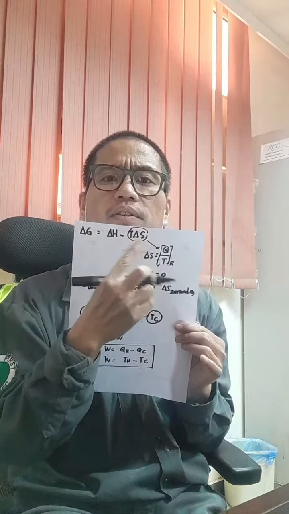So we have the Gibbs free energy. If it is negative, this is spontaneous. If the Gibbs free energy is negative, this is a spontaneous reaction. And if the Gibbs free energy, or delta G, is positive, this is non-spontaneous.